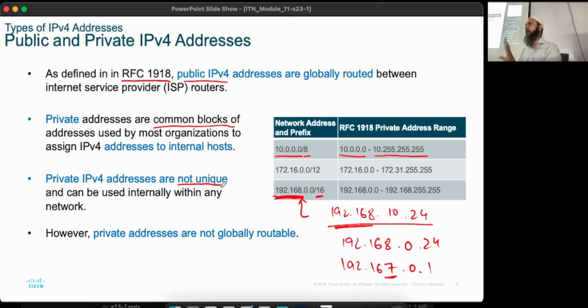Make sense? So what they mean by not unique is, in the whole world, everybody uses 192.168.0.5, and it's okay. Why? Because this 192.168.0.5 is not communicating with that one, because they're both private. So they can be non-unique. But a public address occurs only in one place in the whole world.